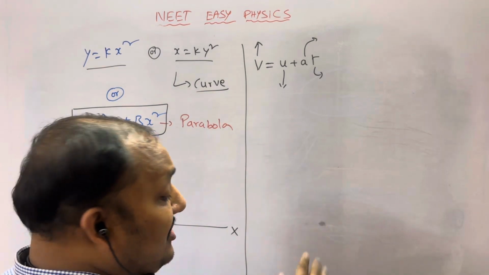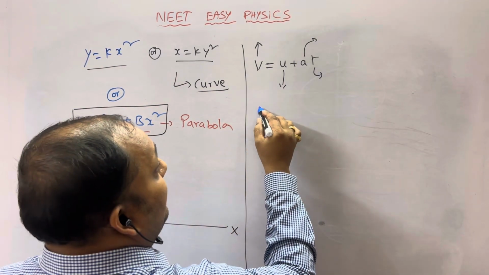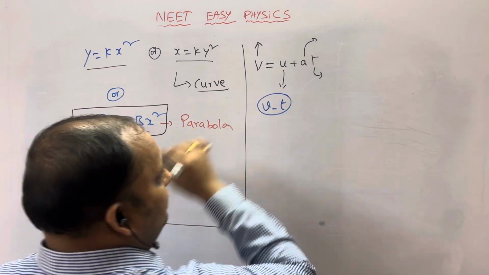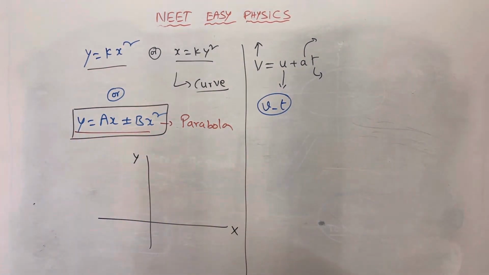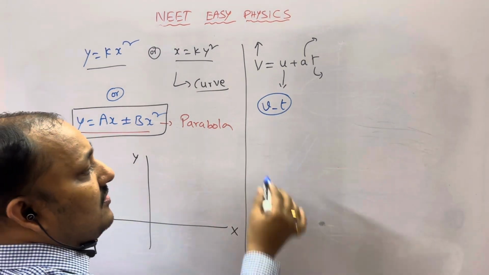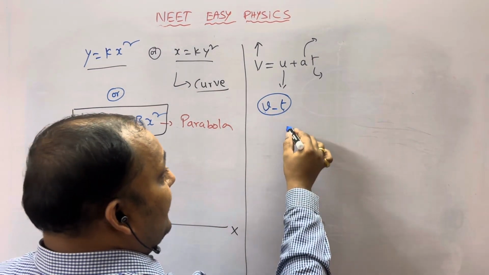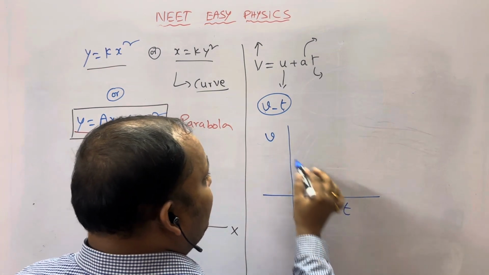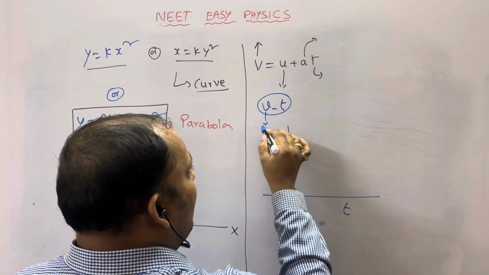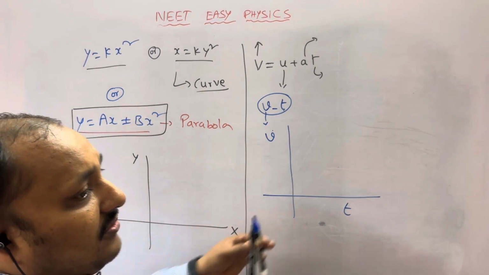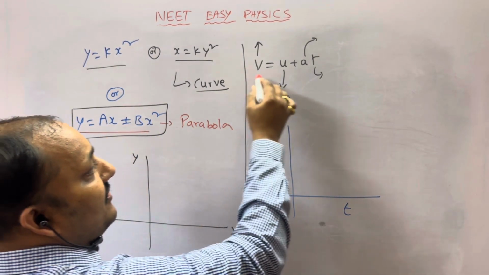Now what is the nature of the graph drawn between final velocity and time? In previous videos we already covered that for a velocity-time graph, velocity is taken on the y-axis and time on the x-axis. Now how will the nature of the graph come according to the equation?